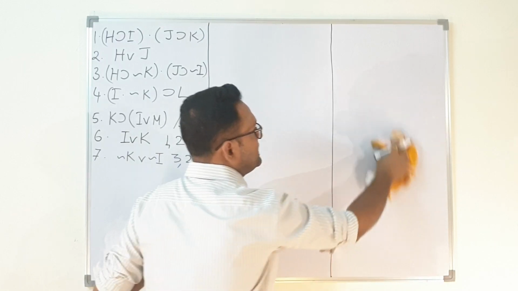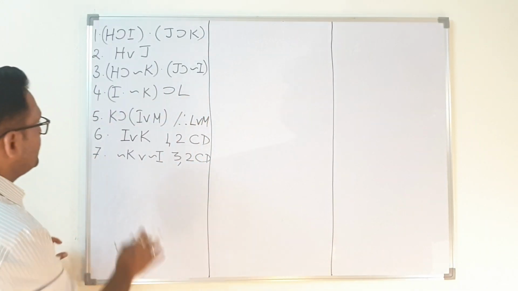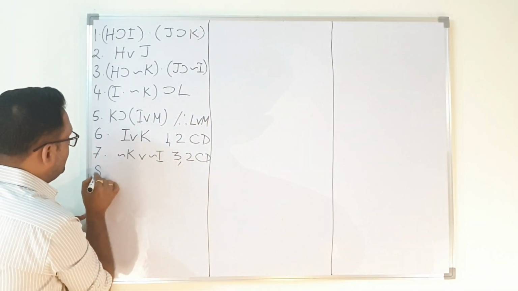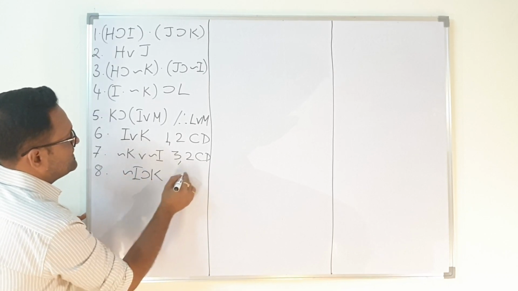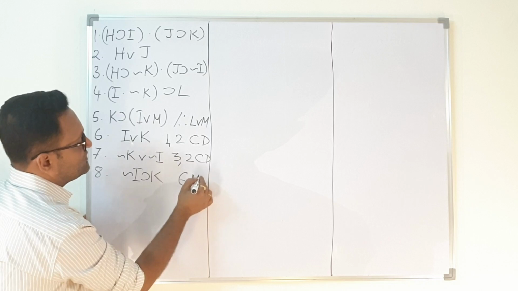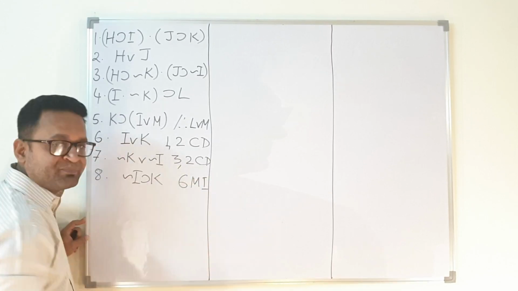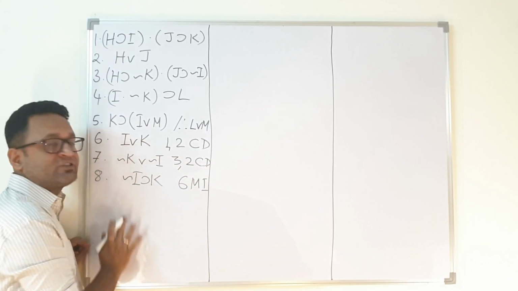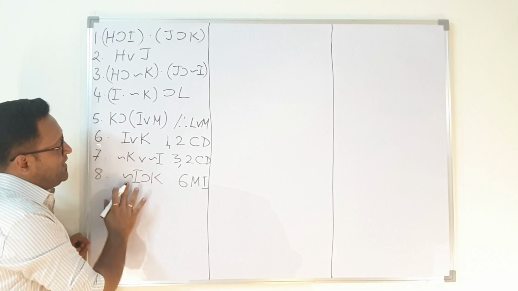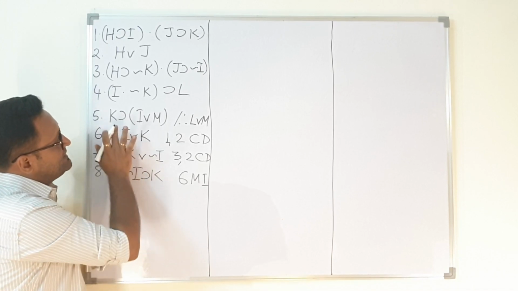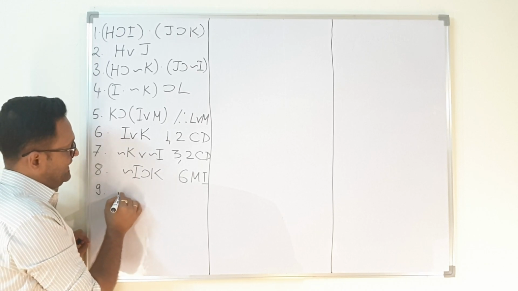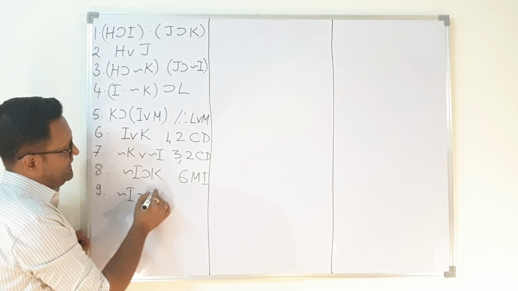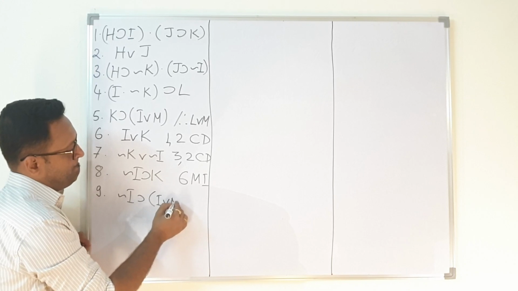So what I will do is make this negation of I implies K. This is on 6, by material implication, right? So I got negation of I implies K. Now on this, I implies K, and this, if I use them, I will get negation of I implies I wedge M, right?